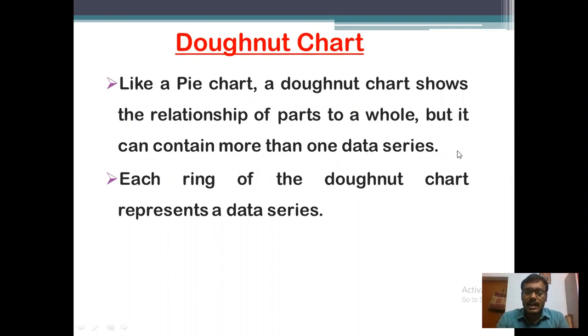You can show more than one data series in a Doughnut chart, and each ring of the Doughnut chart represents a data series. So you can have a look here.